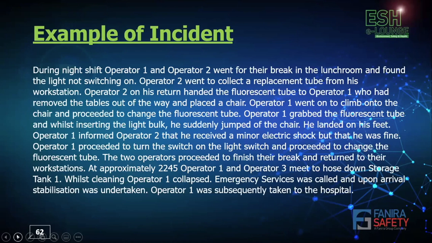One of the operators proceeds to get a fluorescent tube from one of the workstations and hands it over to the other operator, who we'll call operator 1, who has already removed tables and set up a chair. Operator 1 proceeds to climb onto the chair and starts to change the fluorescent tube.